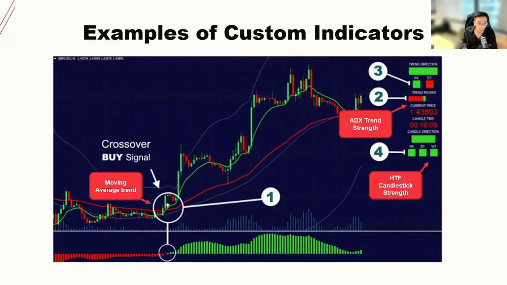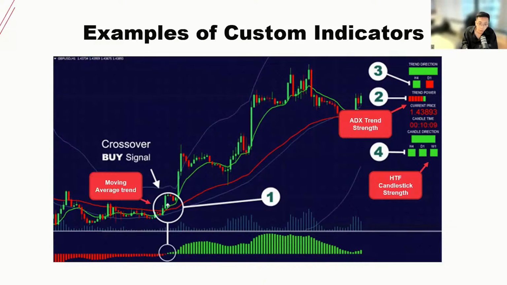For this particular indicator, it uses the moving average crossover trend following strategy. And this indicator has multiple confluences, such as the ADX trend and trend signaling on the higher time frames. This shows that custom indicators can be pretty flexible in terms of the confluences, and users can be creative with it if they decide to create their own indicators.